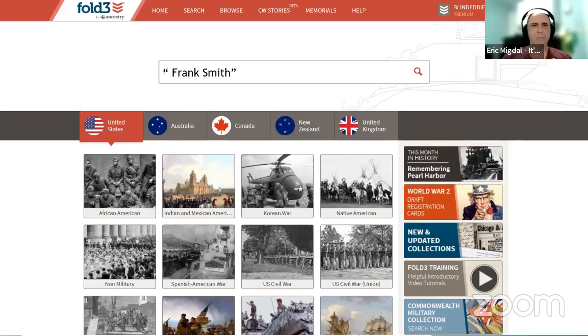Not everyone named Frank, not everyone named Smith, but just Frank Smith. On Fold 3 that I have up here in front of you, you can see you can filter through different countries, different conflicts and wars that we've been involved with, and other countries have been involved with, and lots of other information to help you look for military record information.